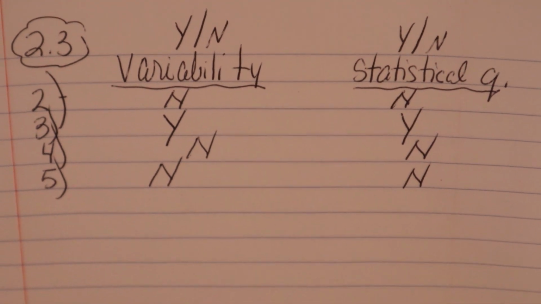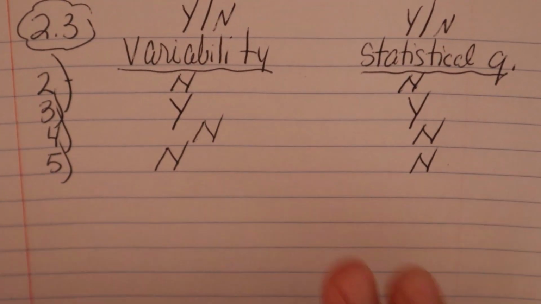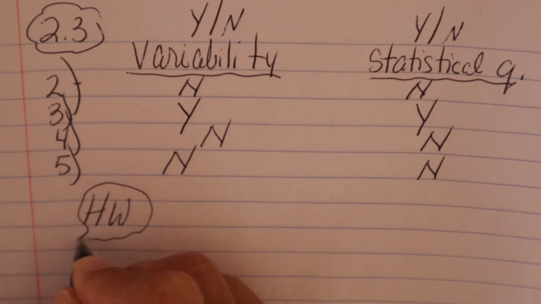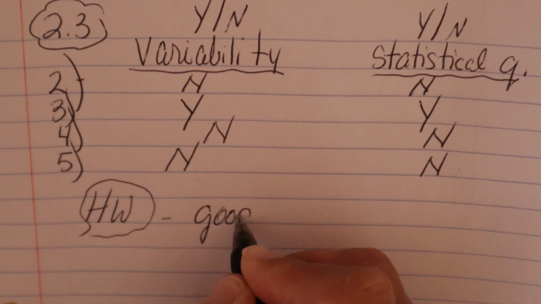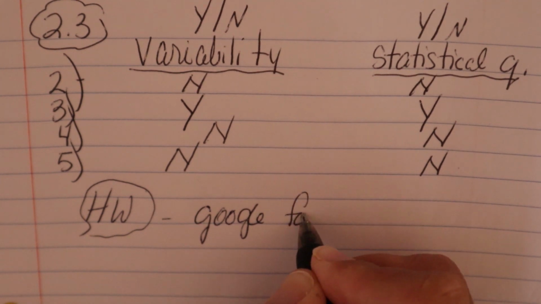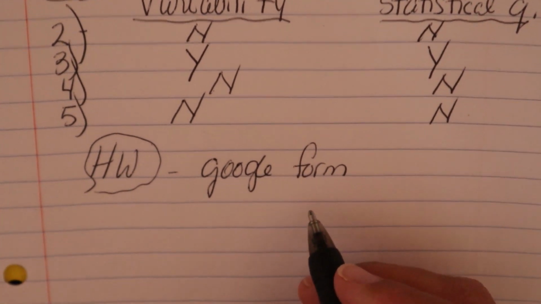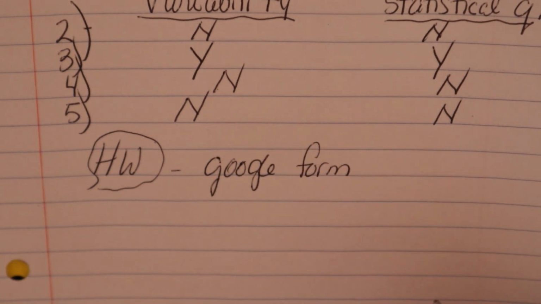Okay, so that's what today's lesson is. That is the whole lesson. For your homework, it is going to be a Google form. It's in this lesson. You're going to answer the Google form questions and submit it for accuracy. You can use your notes.